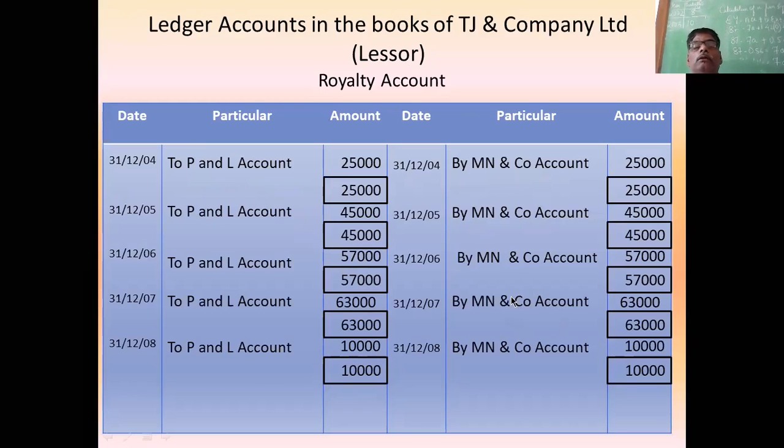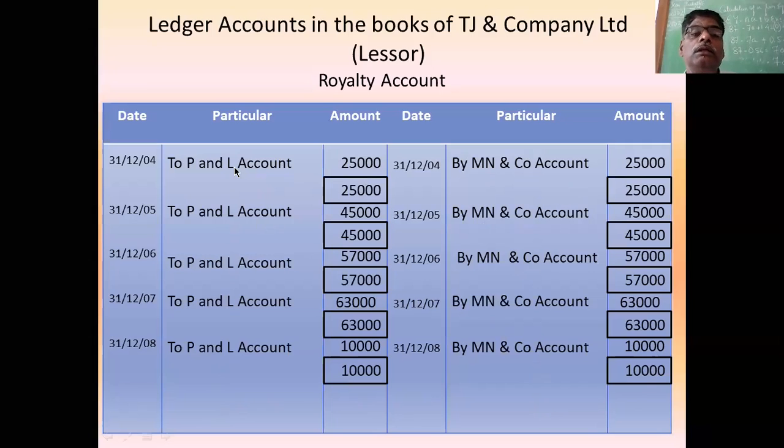Okay, 5 years completed. You see here. In all the previous problems, debit side is the name, credit side is the P&L account. But here, credit side, name of the lessee, debit side, P&L account. Only this is the change in the books of lessee. This is the royalty account. Amount, royalty column amount.